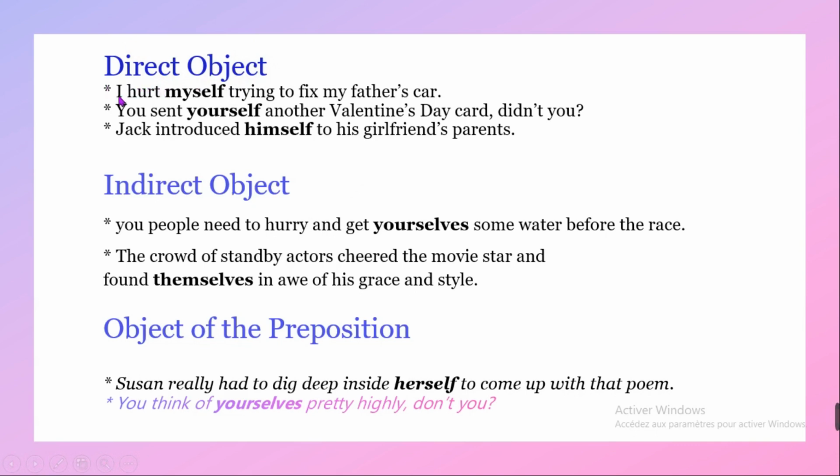First example, I hurt myself trying to fix my father's car. I hurt myself. I and myself are the same person, and here it is used as a direct object.